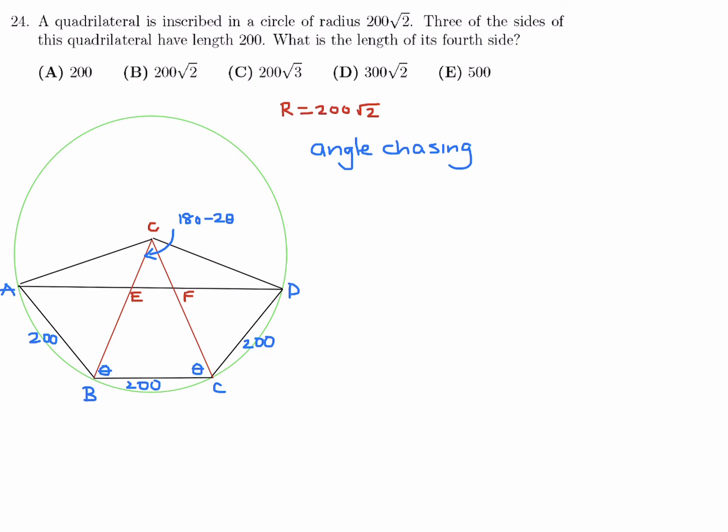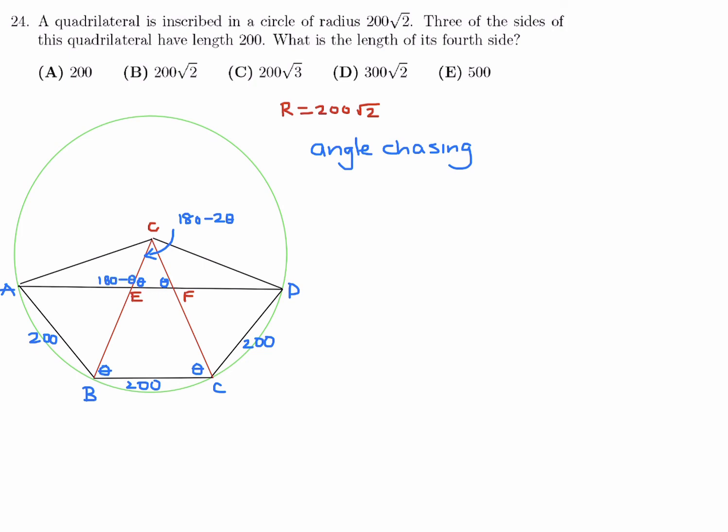And then very similarly, this is also an isosceles triangle. So this is theta and this is theta. All right? And then the next thing, same kind of story here. This guy right here would be 180 minus theta, like that.